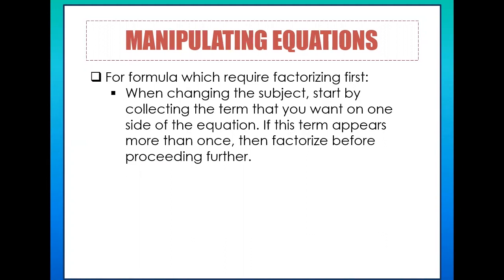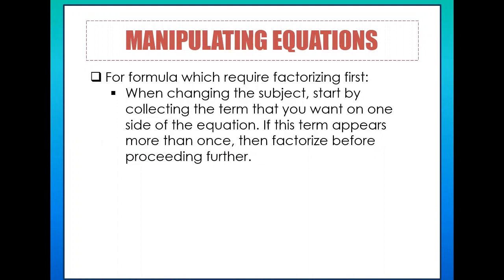So we have to collect the variable on the correct side of the equation. Then we have to factorize it in order to have one variable only. The reason why we have to factorize it is simply because of a chance that we have more than one variable referring to the subject of the formula.